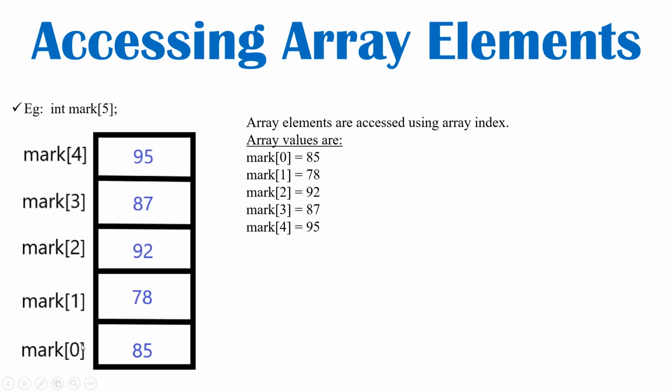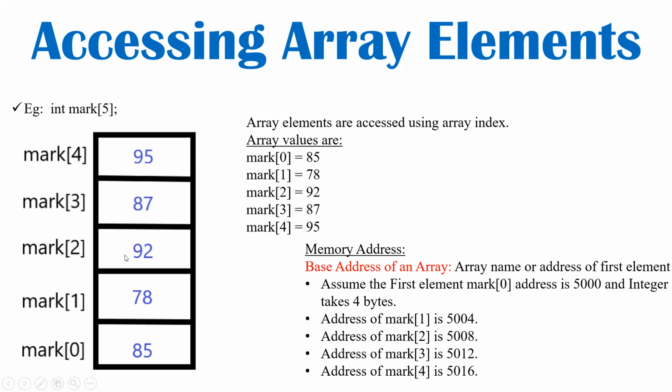That address is the starting address, or base address, of this array. The base address of an array is the address of the first element, or the array name itself will give the base address of the array. What is the array name here? Mark. Mark itself will give the base address of the array.